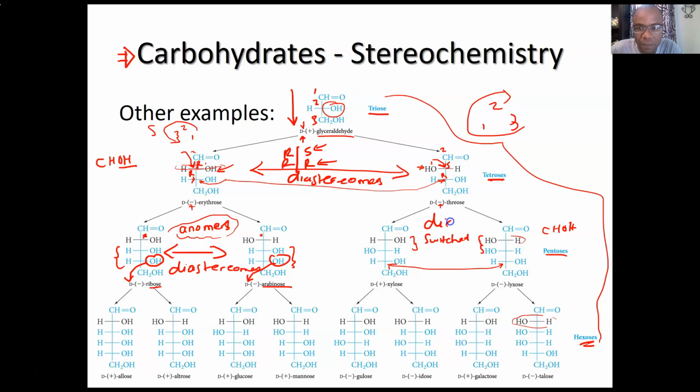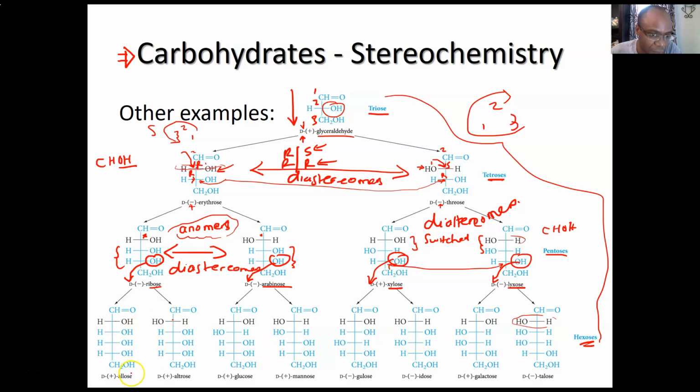They're still stereoisomers, and they're still D's because the OH next to the tail is on the right side. So you have xylose, you have lyxose for these two guys, and then you add one more carbon. These two are still diastereomers because this stereocenter is switched.